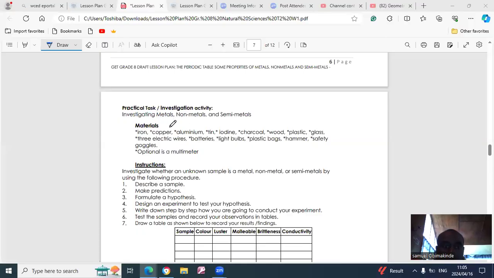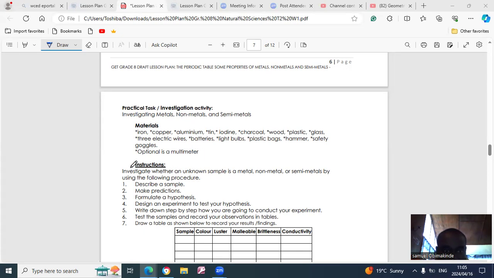Also, you can read your notes to answer these questions. So let's look at the practical task, investigation activities: investigating metals, non-metals, and semi-metals. Materials: iron, copper, aluminum, plastic bag, armor, safety goggles, optional is a multimeter.